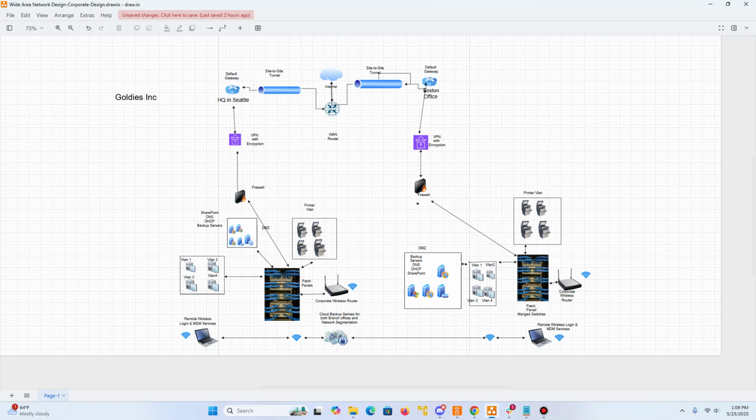The wireless laptop will also be connected to a cloud backup service for branch offices and network segmentations. So I'll use Samantha. If Samantha is in VLAN 1, she goes on a trip to San Francisco, and her laptop hard drive fails.